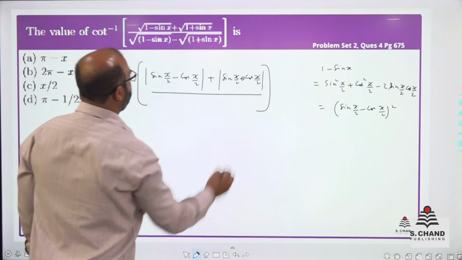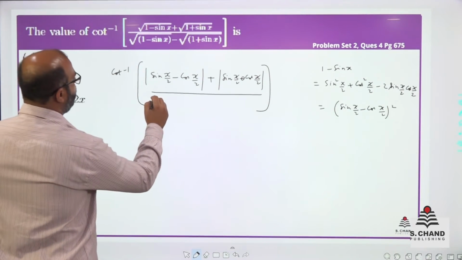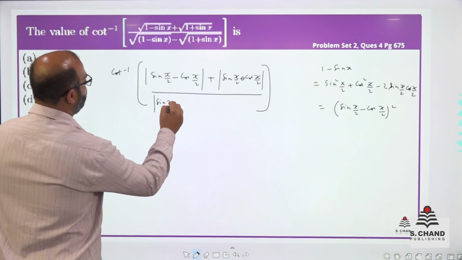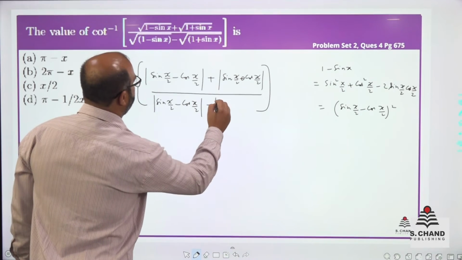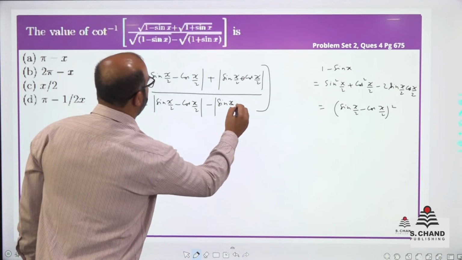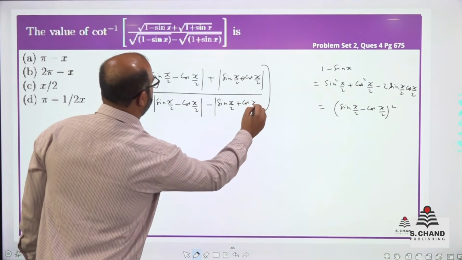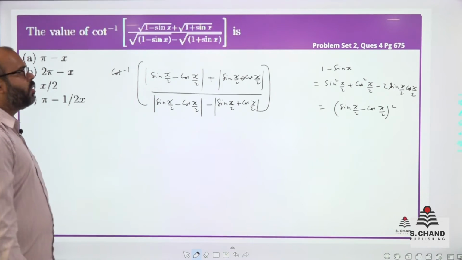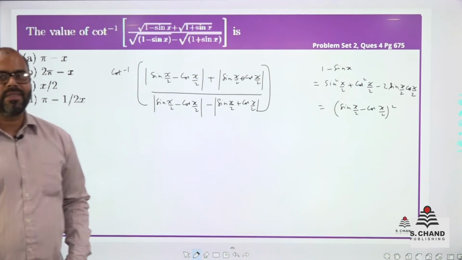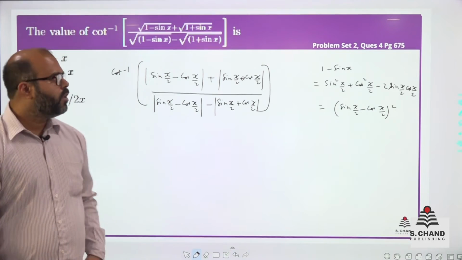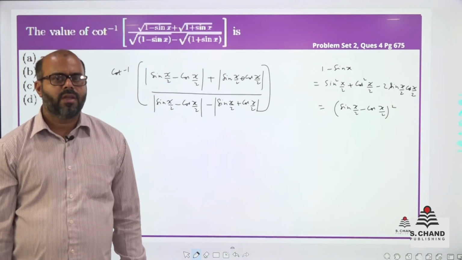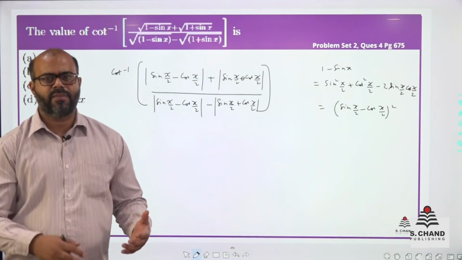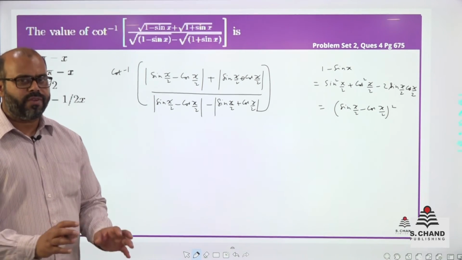In the denominator, similarly, it will be mod of sin x/2 minus cos x/2 minus mod of sin x/2 plus cos x/2. Now when you eliminate mod, you have to see whether the quantity inside it is positive or negative. So right now I am taking them as positive. If I get the answer, then it is okay; otherwise we will take it as negative and then proceed, in order to save time.